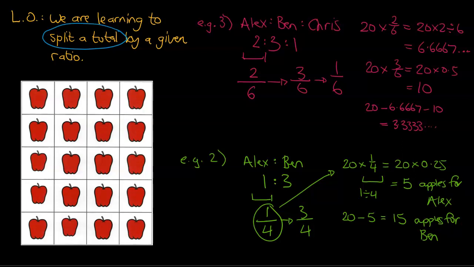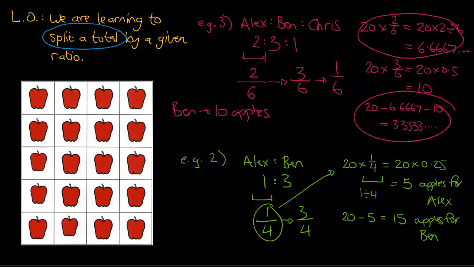So in this scenario, Ben, who's the middle person, is going to get 10 apples. That one's easy, so let's write that over here. Ben is going to get 10 apples. And this is where it's going to be tricky. The remaining 10 apples are going to be split up between Alex and Chris, but they can't have nice whole numbers.